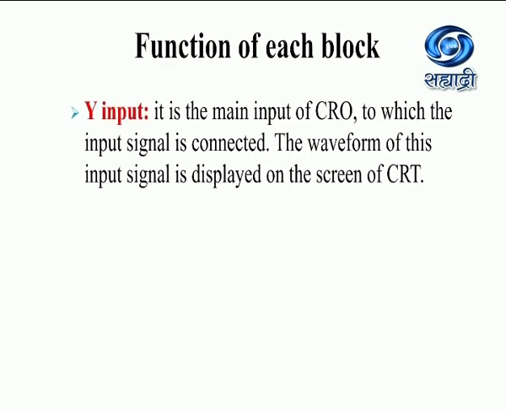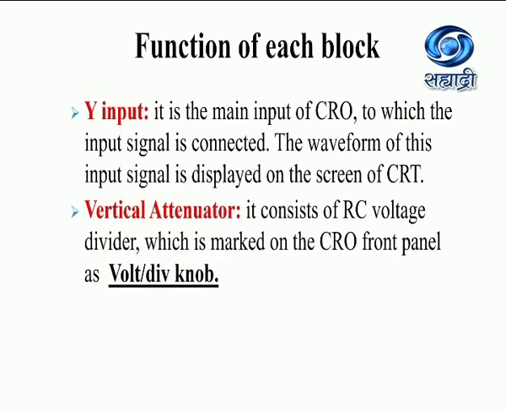The first block, that is Y input. So it is the main input of CRO to which the input signal is connected. The waveform of this input signal is displayed on the screen of the CRT. So basically whatever the external signal which is applied by using the connectors, it is connected to the Y input. Then that input is connected to the vertical attenuator.